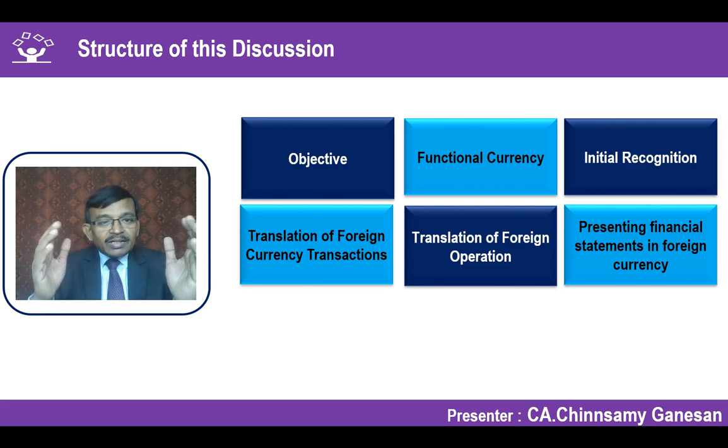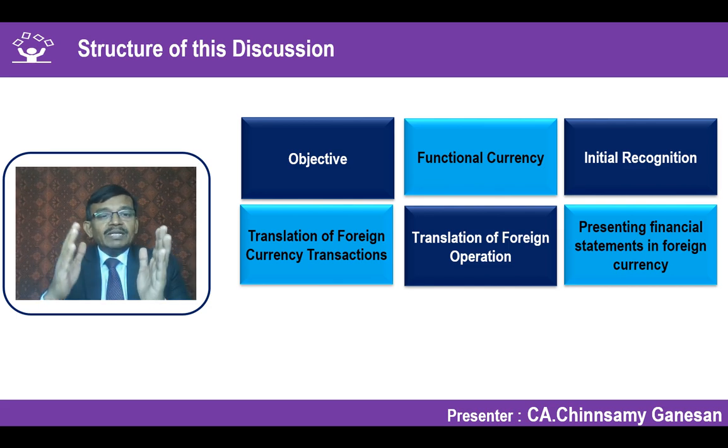If I'm converting a financial statement which has been presented in another foreign currency into the presentation currency of the entity's own country, how that will be done. This is actually what we are going to do as an accounting principle. And for that, we are trying to understand what is a functional currency.